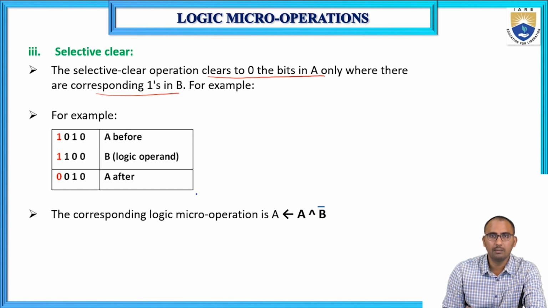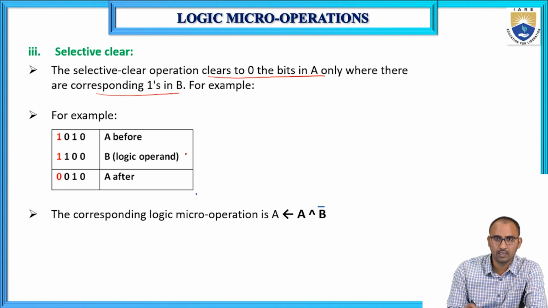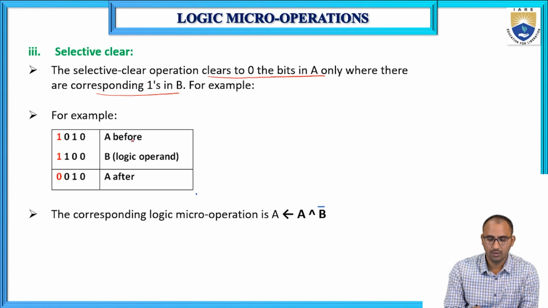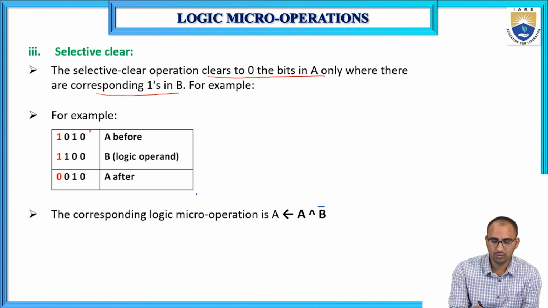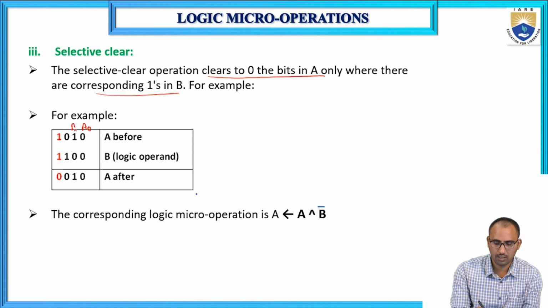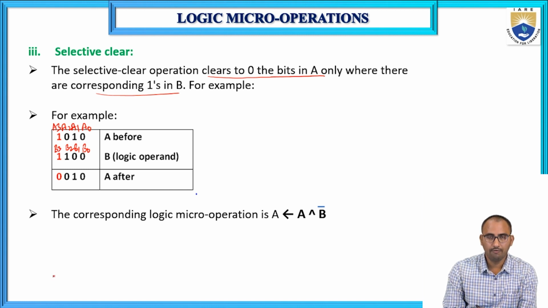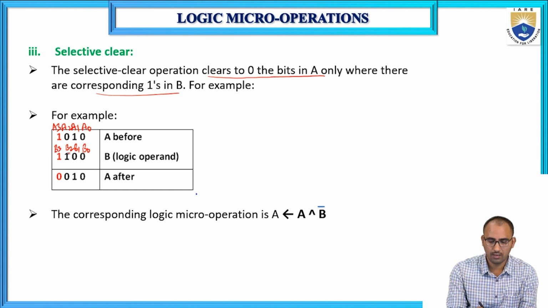Ones are there in the B register at B2 and B3, so the corresponding bits in register A have to be cleared.